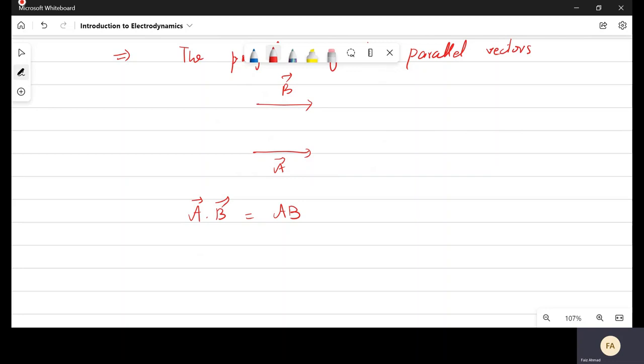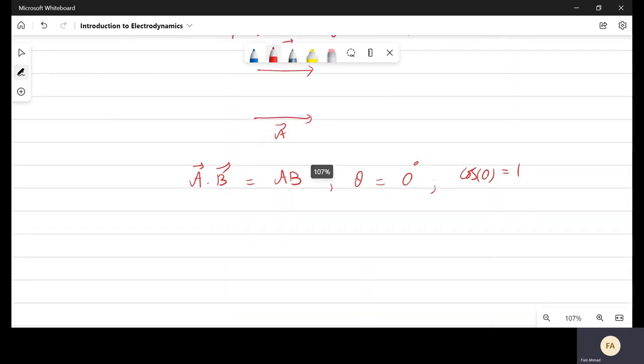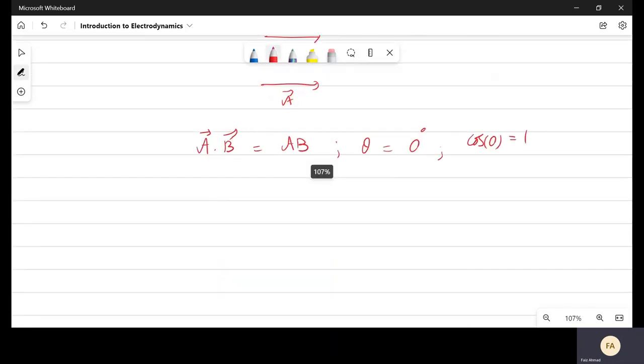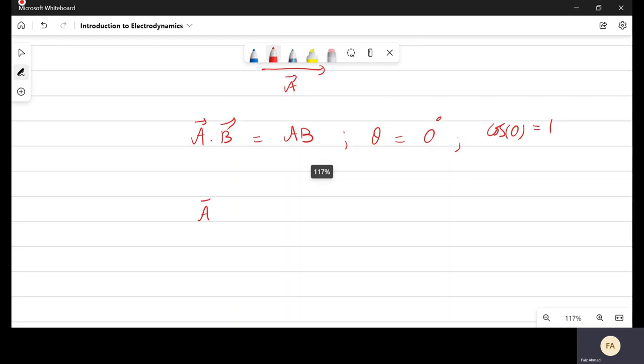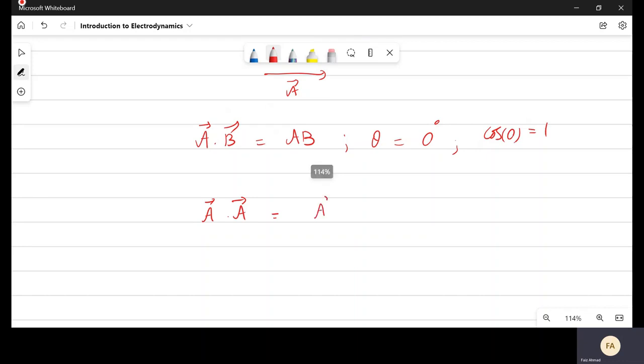So for a parallel case, we have theta is equal to 0 and cosine of 0 is 1. And for self projection or dot product of a vector with itself, it will become A dot A is equal to A square.